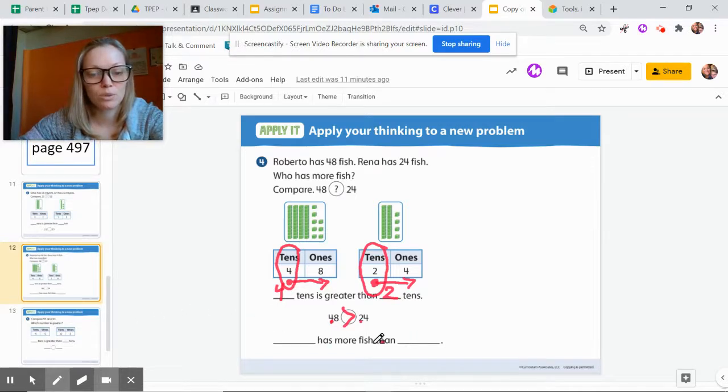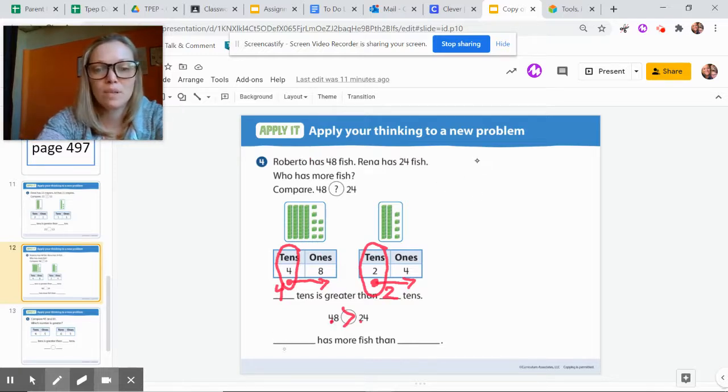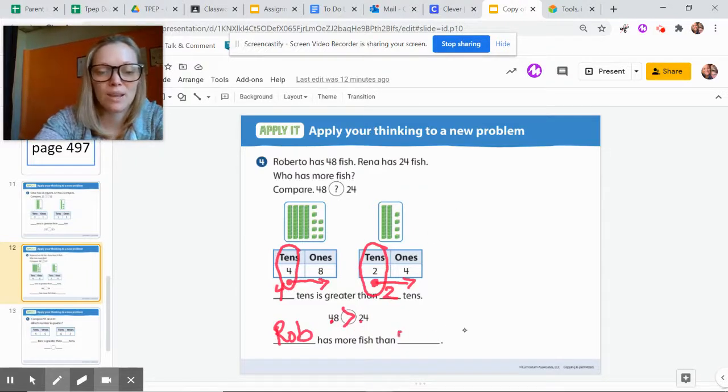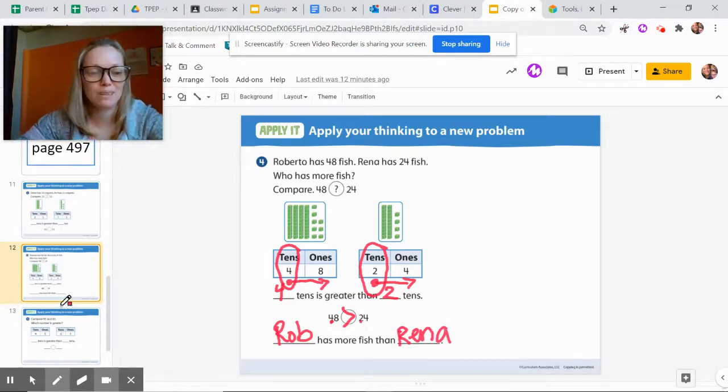So who has more fish? Well, who had 48? Because that was more. Roberto had 48. They both start with R, so I'm going to put Rob for short. Rob has more fish than Reina. Make sure you fill that in.